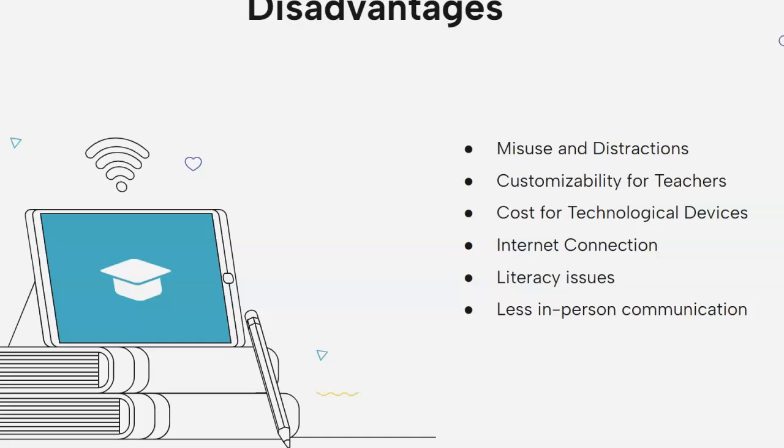And there's also less in-person communication, and by that it's face-to-face communication, which is beneficial for a lot of reasons, hence why we have communication classes. Because there's a lot of facial cues or body behavior that is also helpful when communicating with one another that these students aren't going to get if they're always facing some kind of screen.